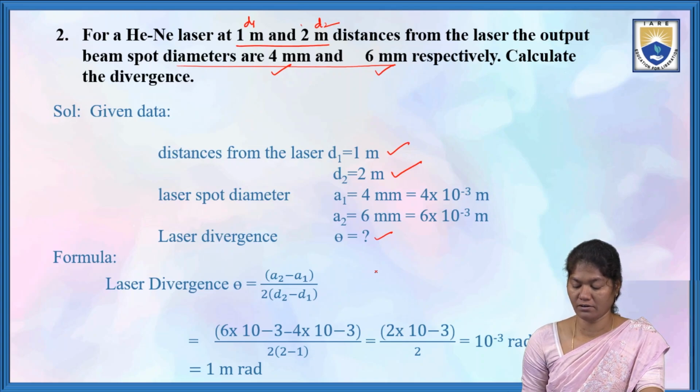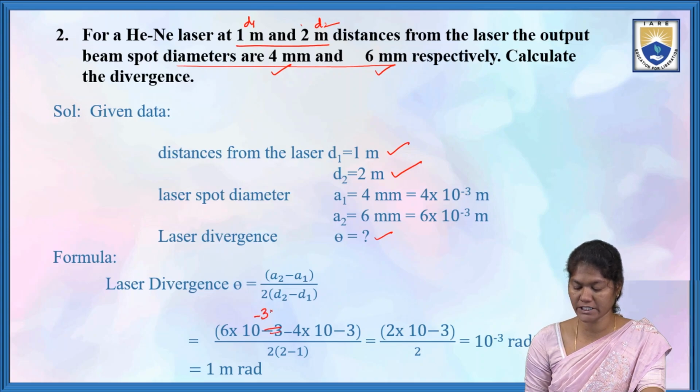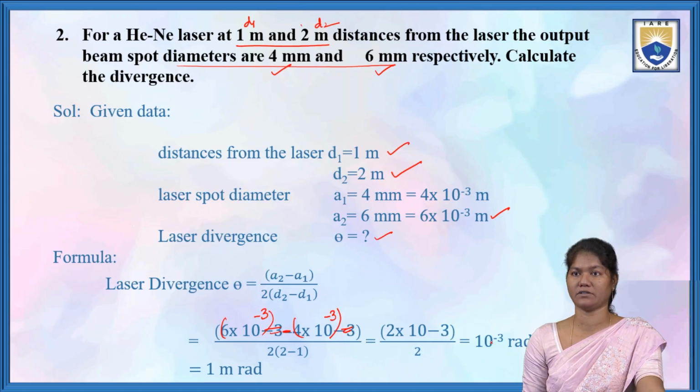So A2 minus A1, let's substitute: A2 is 6 into 10 power minus 3, minus 4 into 10 power minus 3, divided by 2 into 2 minus 1.